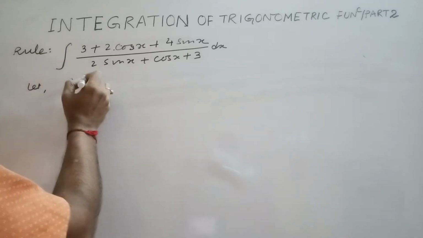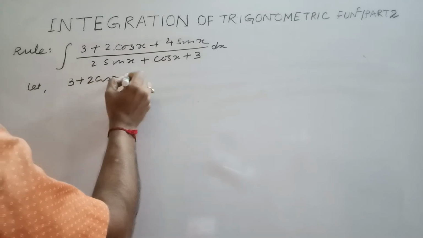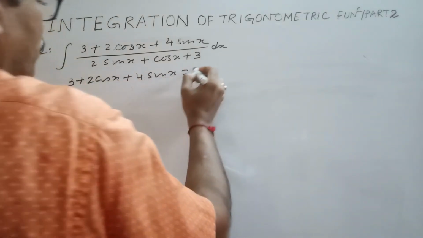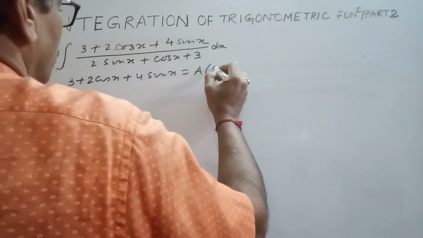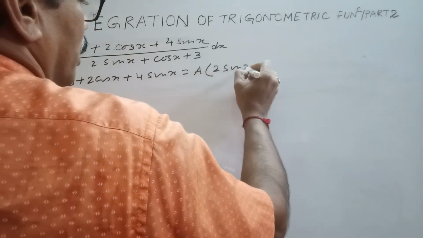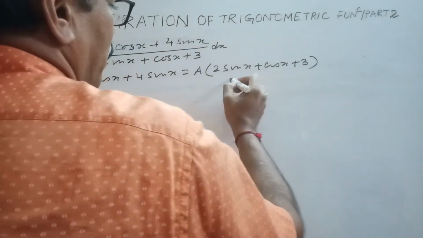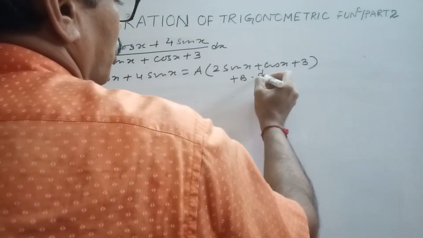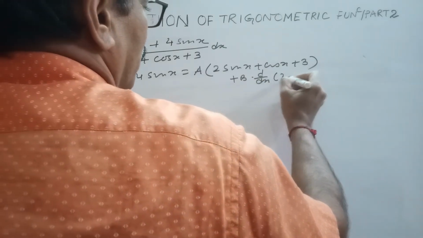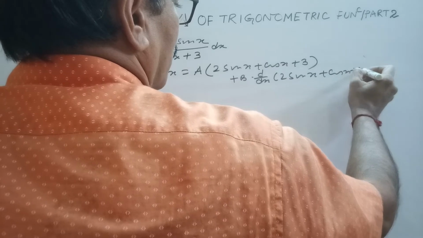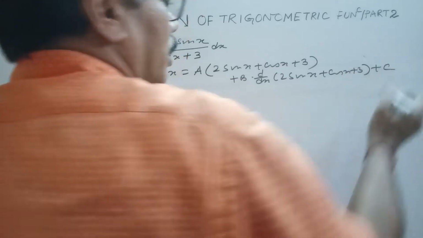Let 3 plus 2 cos x plus 4 sin x equal capital A into the denominator, 2 sin x plus cos x plus 3, plus capital B into d/dx of the denominator, 2 sin x plus cos x plus 3, plus capital C.